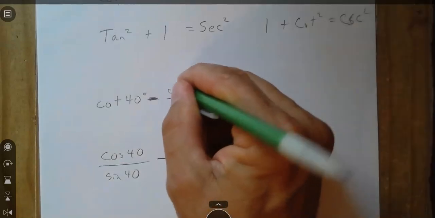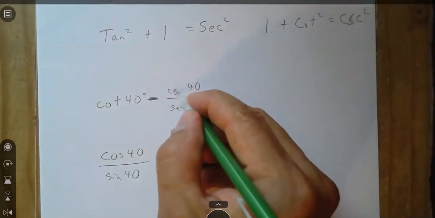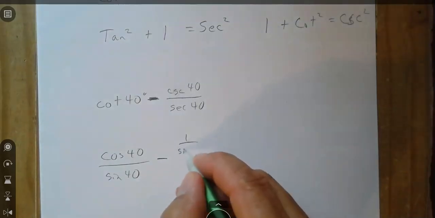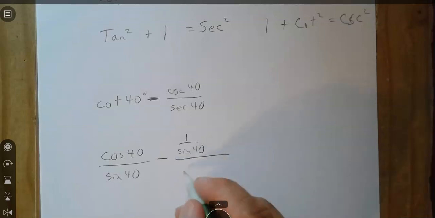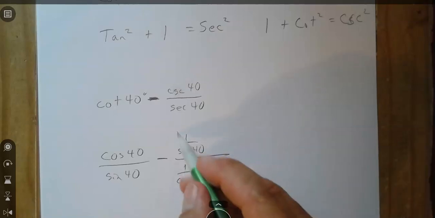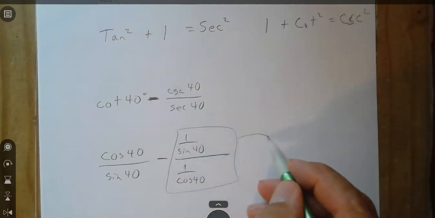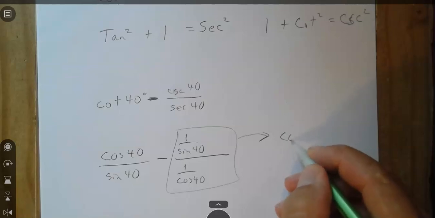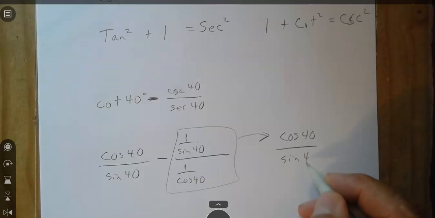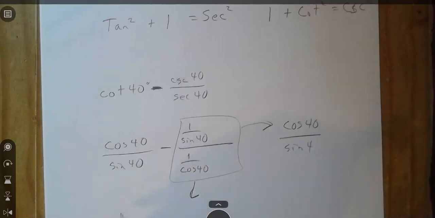Well, cosecant is 1 over sine 40 over 1 over cosine 40. Fraction over fraction, we flip and multiply. So this one we can rewrite as cosine 40 over sine 40.